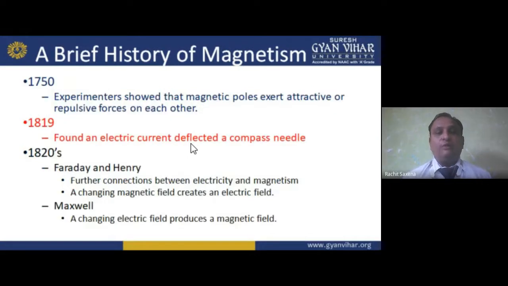If I'm talking about a brief history of magnetism, in 1750, experimenters showed that magnetic poles exert attractive or repulsive force on each other. In my previous lecture, I told you that a magnet can be identified by its poles, North Pole, South Pole.